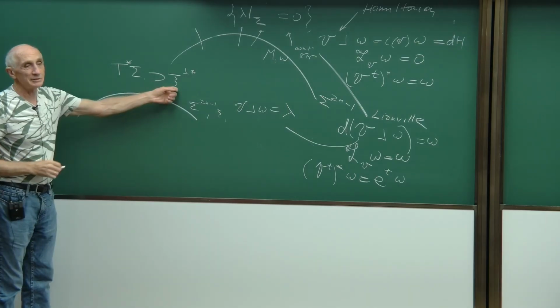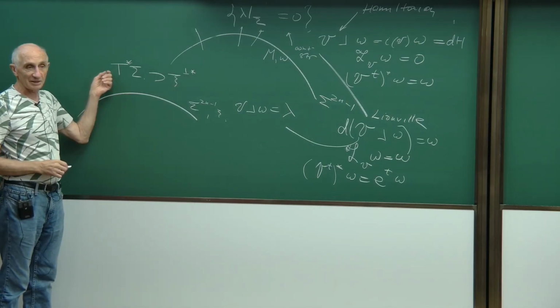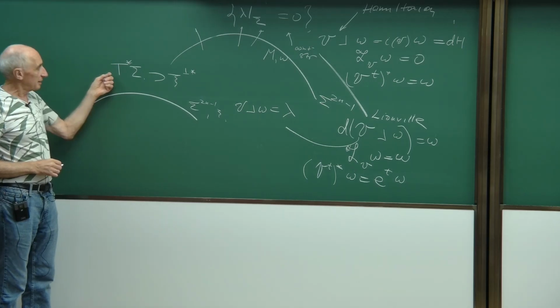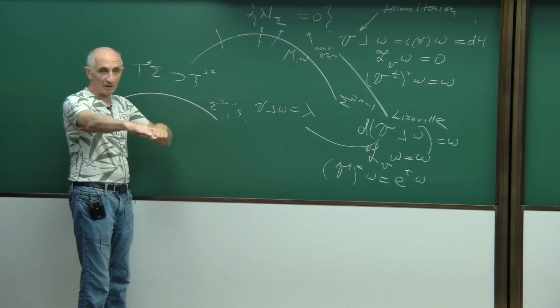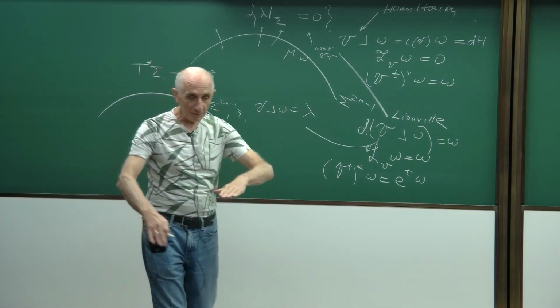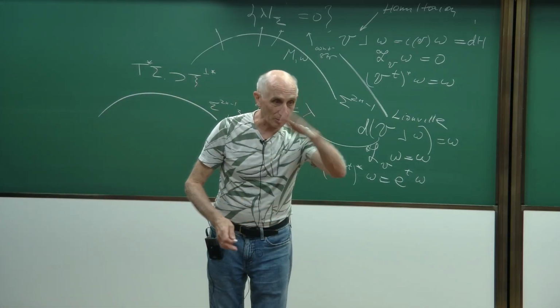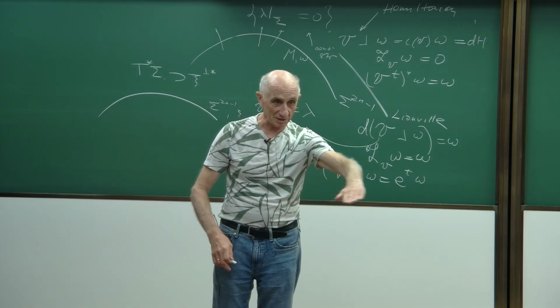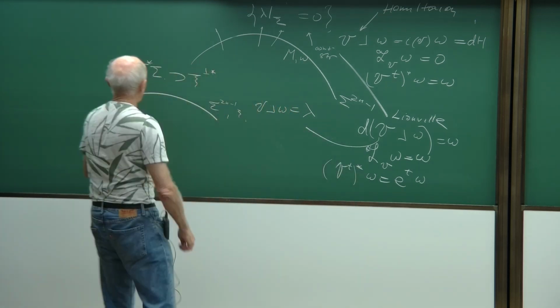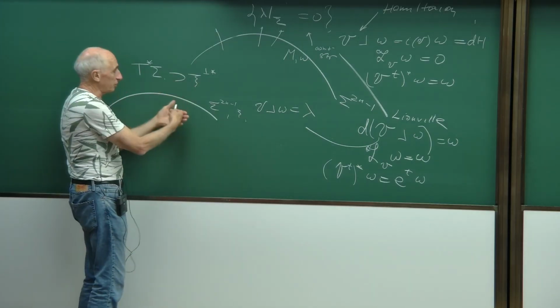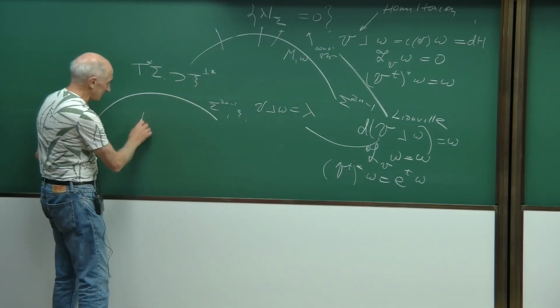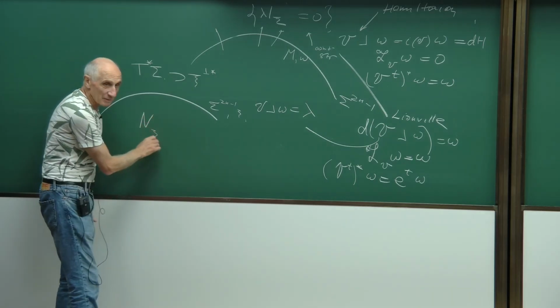So it consists of one-forms which annihilate xi. Every hyperplane gives me a line of linear functions which are zero on it. So you get in the cotangent bundle this conormal, and the total space of this conormal, let's call it N xi.